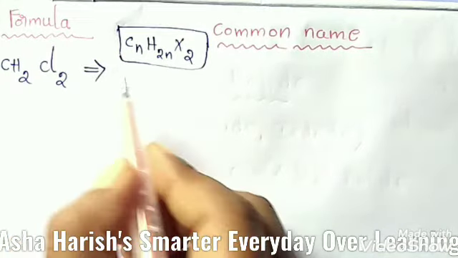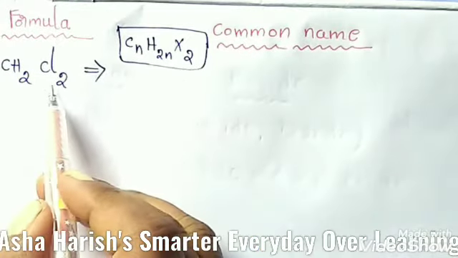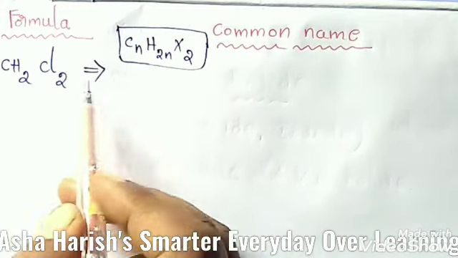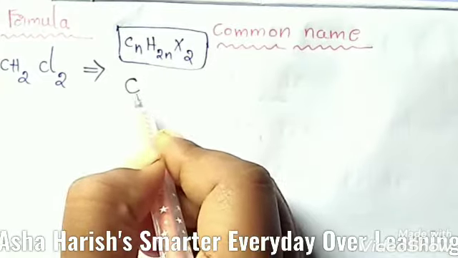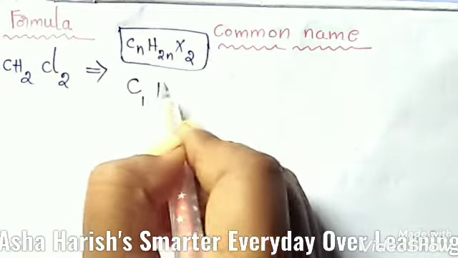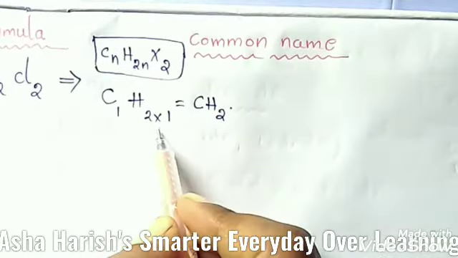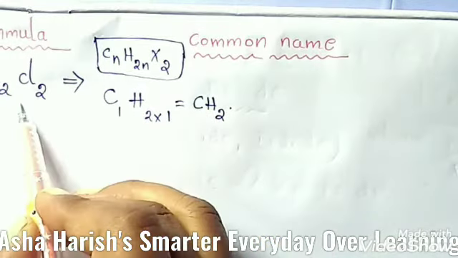X is the halogen, here chlorine, so X2 means Cl2, that is okay. And CnH2n, with n equal to 1, gives C1H2, CH2. So the general formula is suitable for this compound.